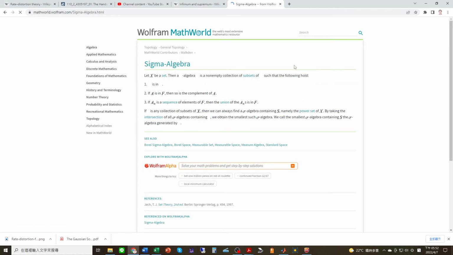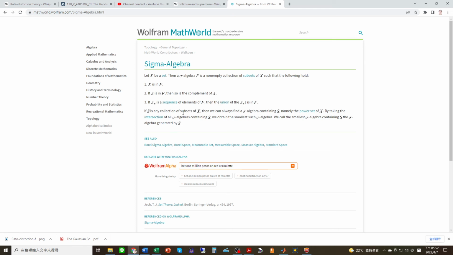Let X be a set. Then a sigma algebra F is a non-empty collection of subsets of X such that the following hold. First, X is in F. Second, if A is in F, then so is the complement of A. Third, if An is a sequence of elements of F, then the union of the An is in F.